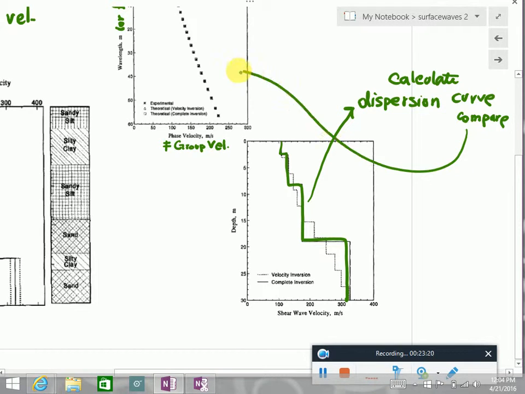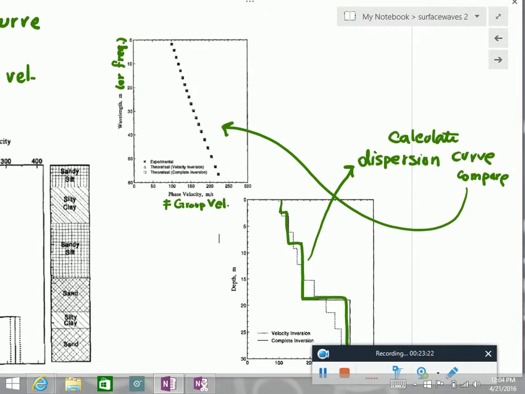You try to measure the error, try to fix it. Then you go back to calculate the next profile, and you do it as many times until the two match very well.